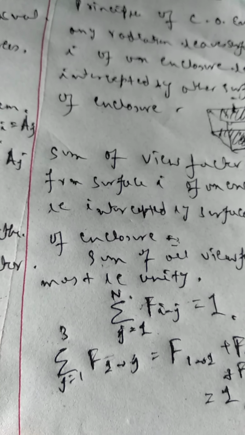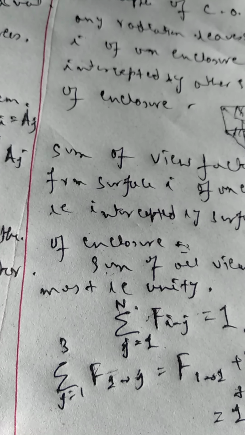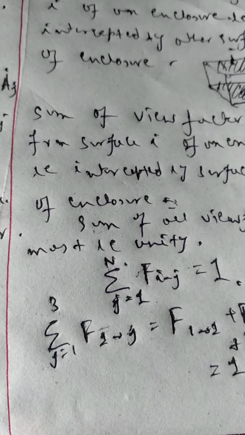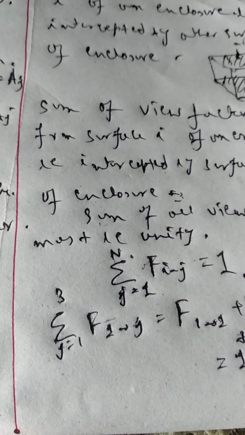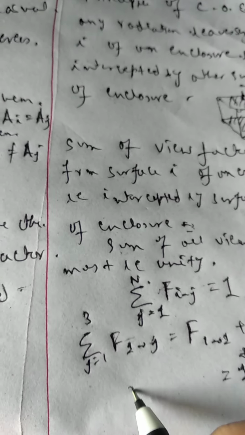Okay, so for any number of surfaces it can be applied. Suppose there are n surfaces, so we'll get n number of relations for determining the view factors. So for an n surface enclosure, the total number of view factors that need to be evaluated for finding all the view factors is, I am only writing the formula, half into n into n minus 1.